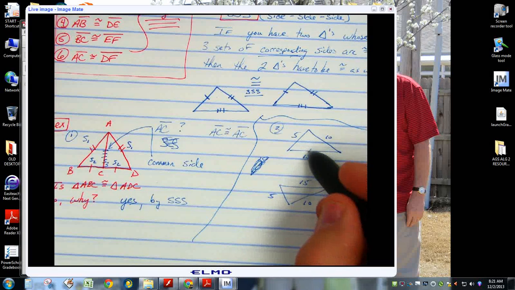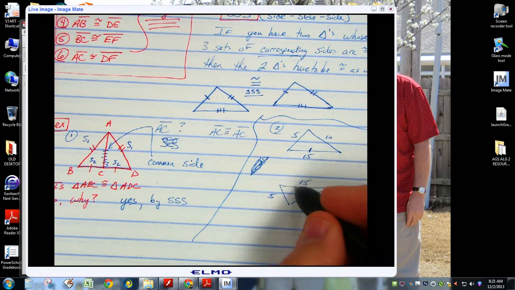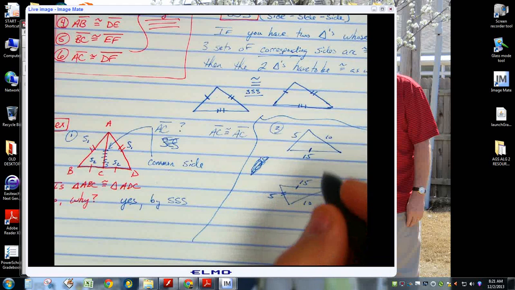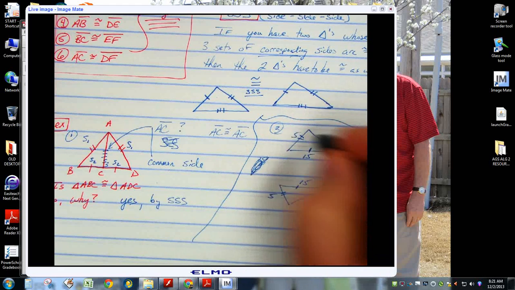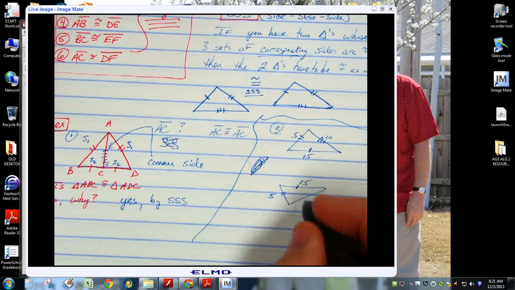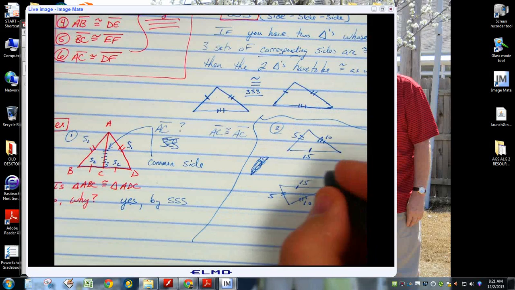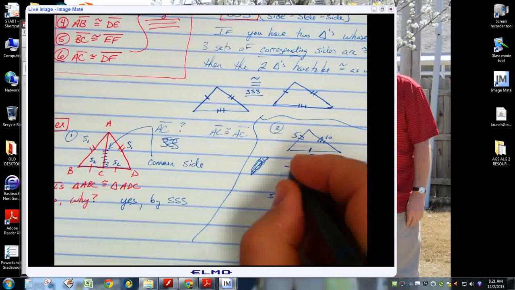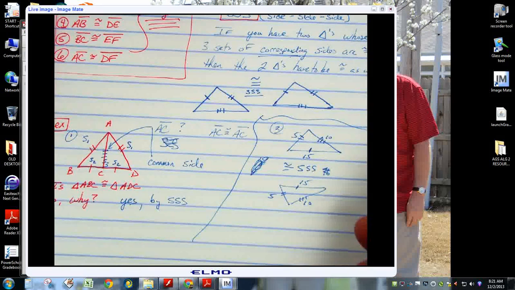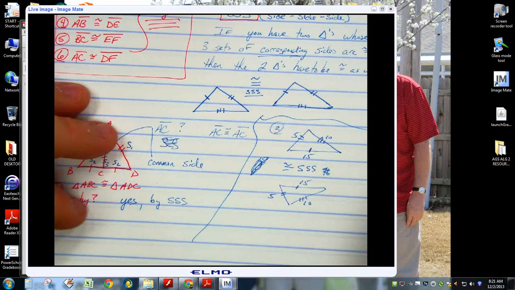Well, this side that's 15 long would be congruent to the other side that's 15, wouldn't it? This side that's 5 units long would be congruent to the other side that's what? 5. And that one's congruent to that one, isn't it? So they are congruent by what? Side, side, side. Side, side, side's the easy one. You guys got that? Okay.